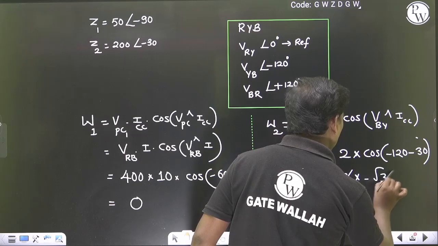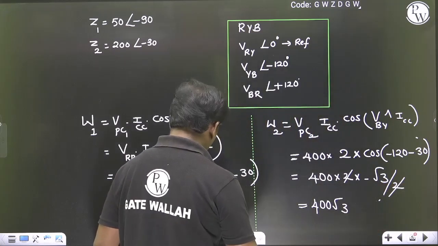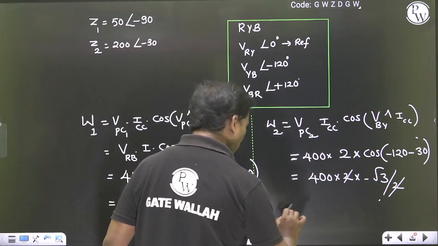Correction: it is going to come as minus 400 root 3.